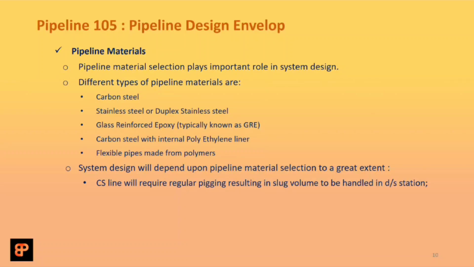As we can imagine, the pipeline is going to follow the earth profile. We are going to install the line from one place to another place, and along that there will be high points and low points of the grade profile. The pipeline will follow that grade, so there will always be high points and low points created along the route.